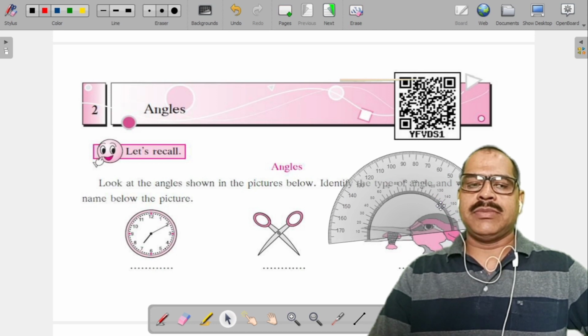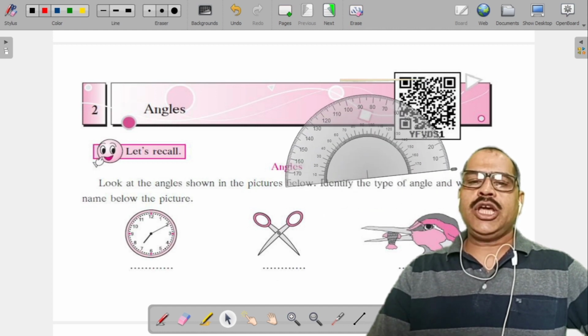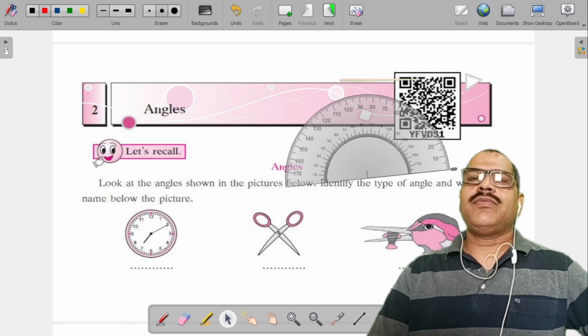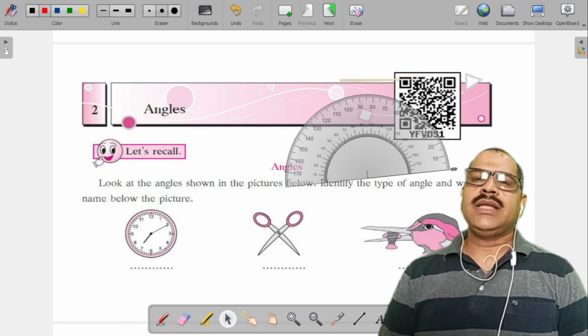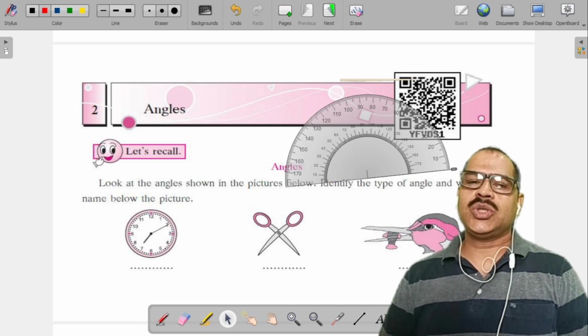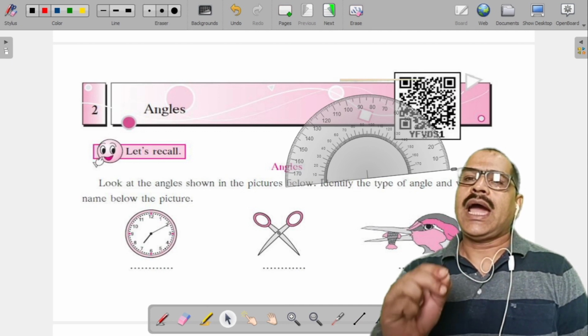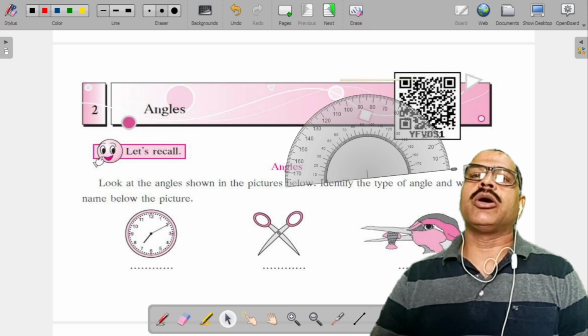That means the reference line of the protractor overlaps with one side of the angle, and now I measure this angle from the inner side of the scale. 10 and 20... I think this angle is 15 degrees. Therefore, I know the definition of an acute angle: the angle which has a measure of 0 to 90 degrees is called an acute angle. So here our measure is 15 degrees. Therefore, there is an acute angle between the two edges of the beak of the bird.